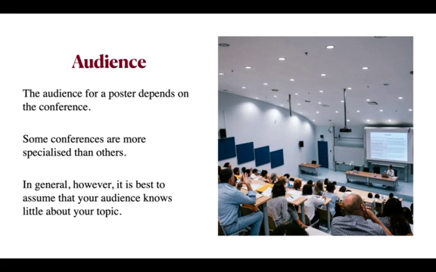If after reviewing the conference title and poster guidelines you are still unsure about the correct audience for the poster, it is best to target a specific audience, such as graduate students, faculty, or professionals who are in a different discipline or subfield of chemistry.